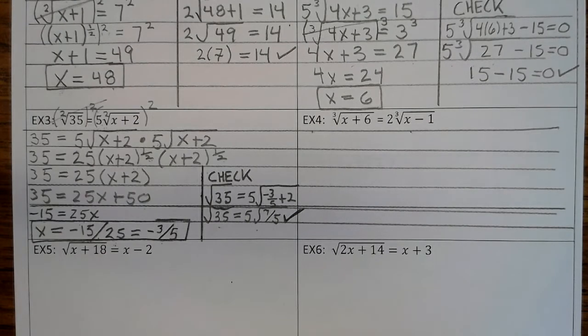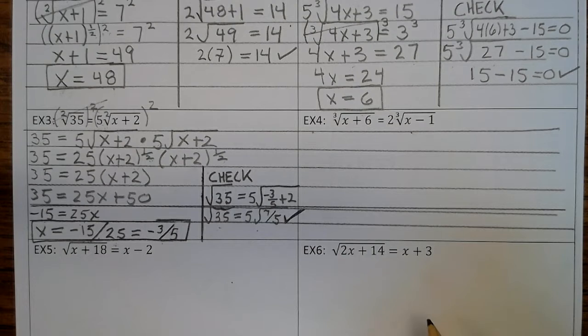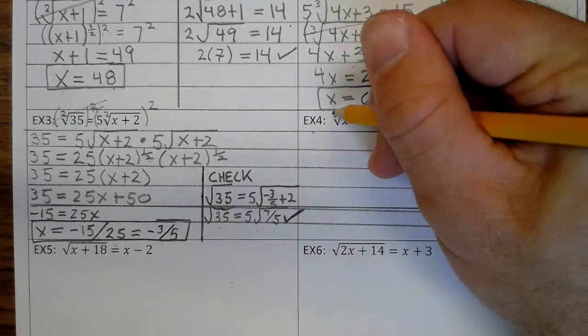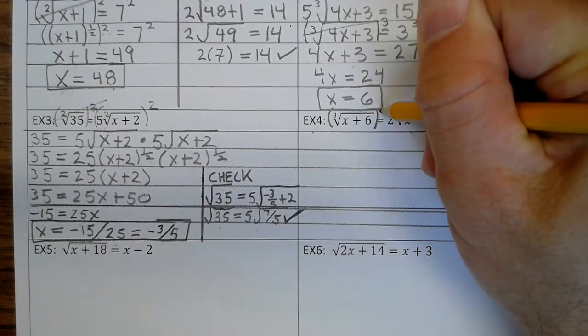All right, either way, I assume now you've unpaused and let's go through the problem. So step 2, raise both sides of the equation to the power equal to the index of the radical. Index is 3, so we're going to raise both sides to the power of 3.